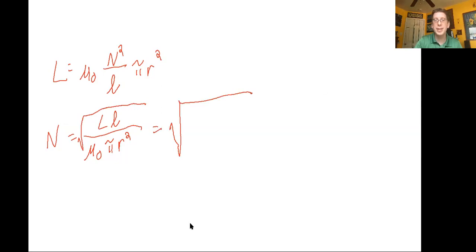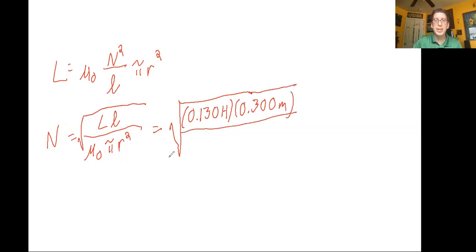So the inductance is 130 millihenries. So again, keep everything in SI units, 0.130 henries. The length is 30.0 centimeters. So that's the length of the cylinder. And in SI units, that's 0.300 meters.